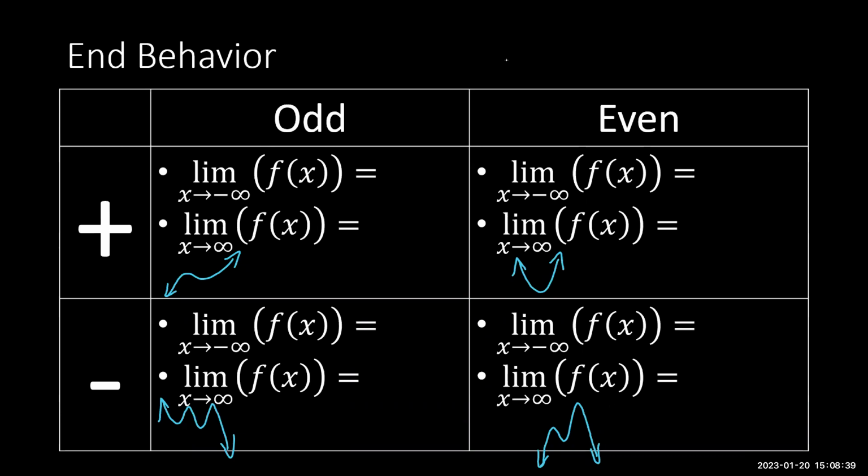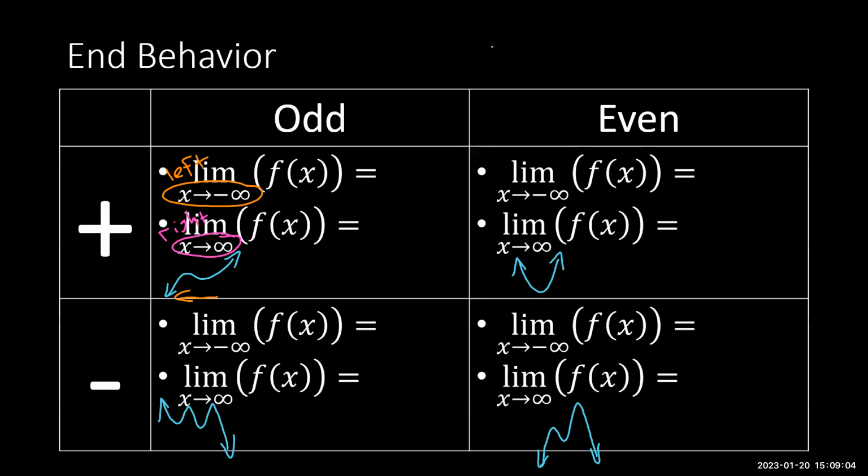So let's look at odd positive. Again, each one of these is asking exactly the same thing. This is left. This is right. They're all asking, what is it doing as you go to the left? What is it doing as you go to the right? Well, as I go to the left, is that arrow going up or down?